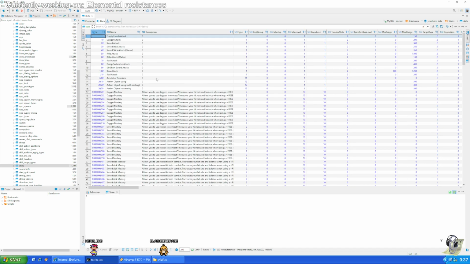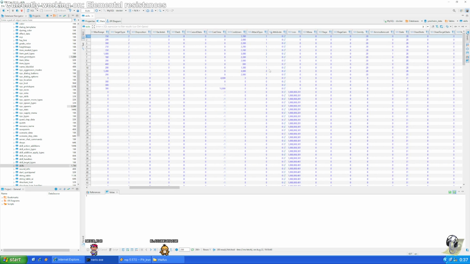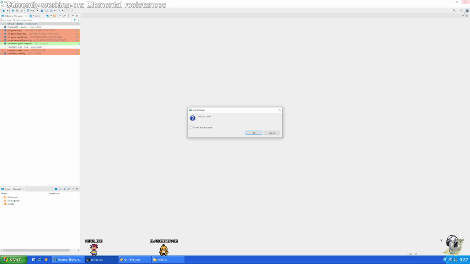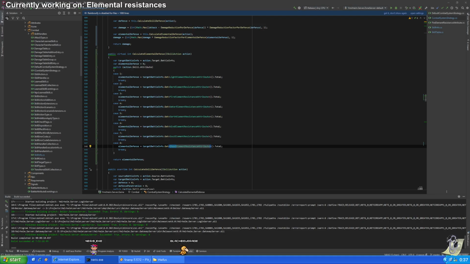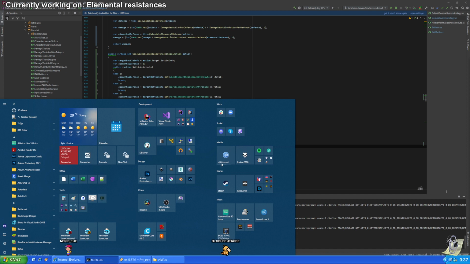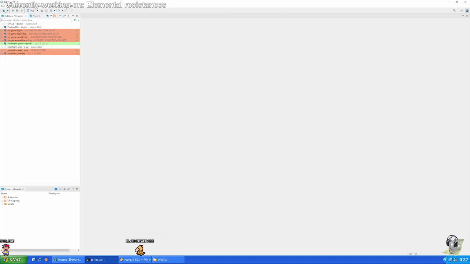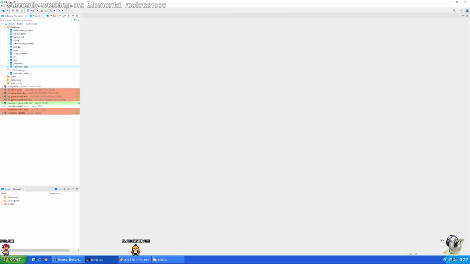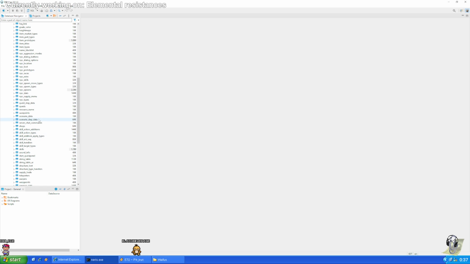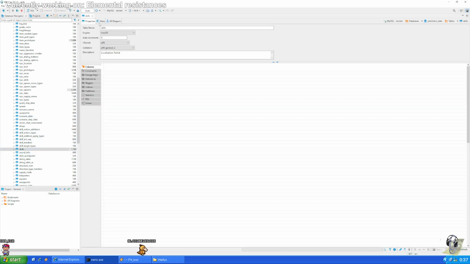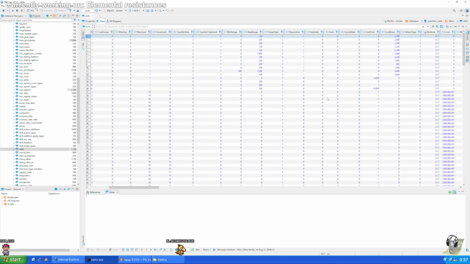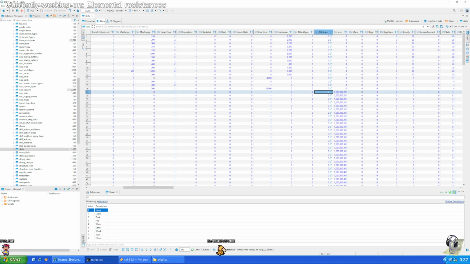Let's reopen it. Maybe that would help. I need to restart the beaver to make it work. It's a little bit stupid. So how about now? Yes, now I can select the value.